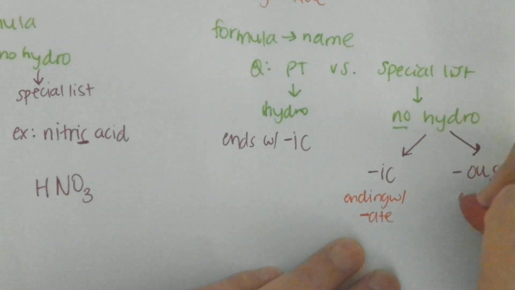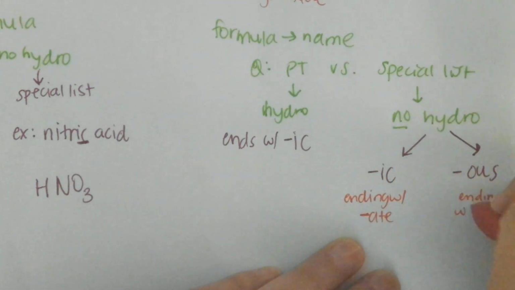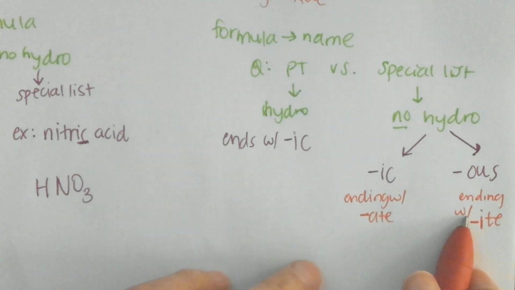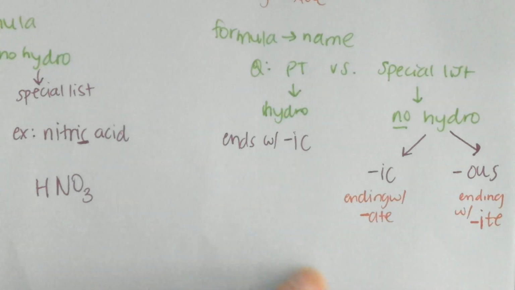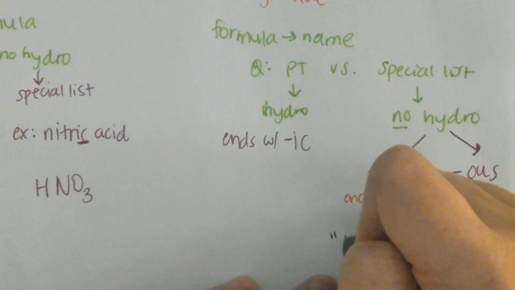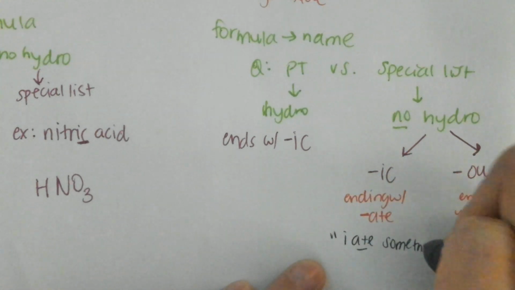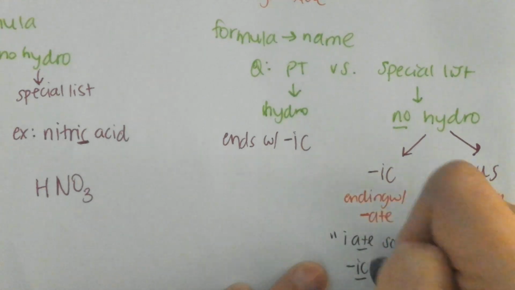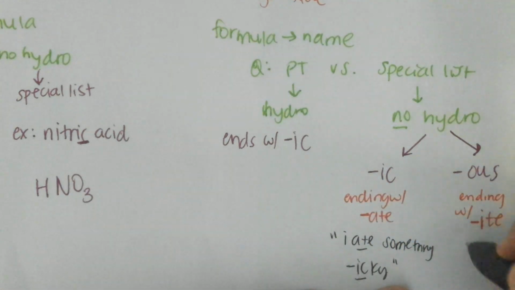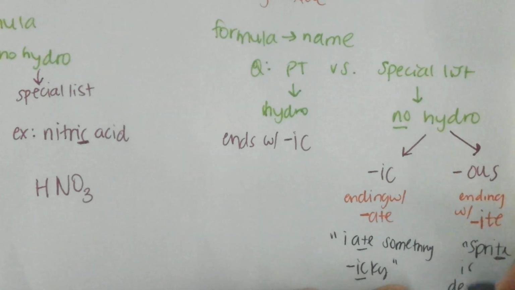And then ous is ending with what? Ite. So, I ate something icky. Sprite is delicious.